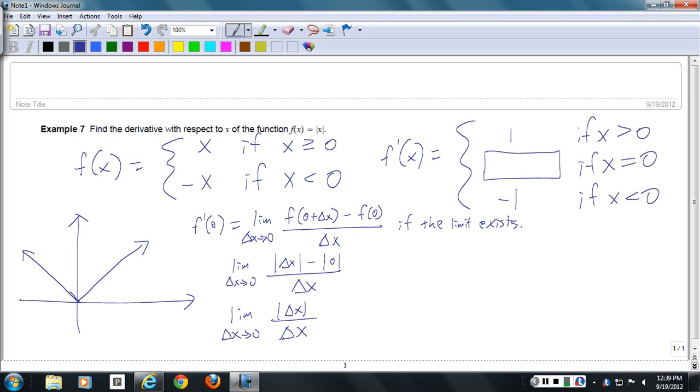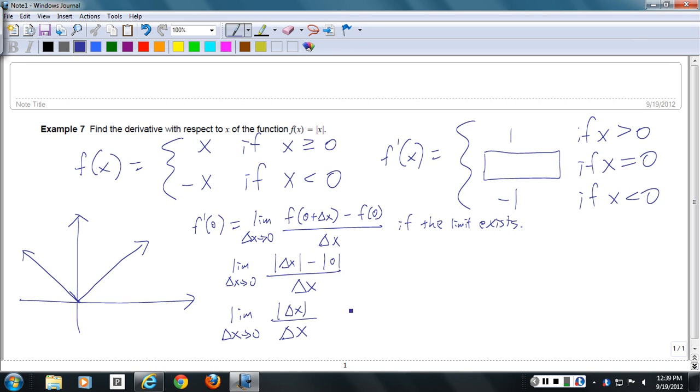Now, to evaluate the absolute value of delta x, we have to know, is delta x positive or is delta x negative? If delta x is positive, then it's just delta x. But if delta x is negative, it's not delta x, because the absolute value can't be negative. It's got to be the opposite of delta x.